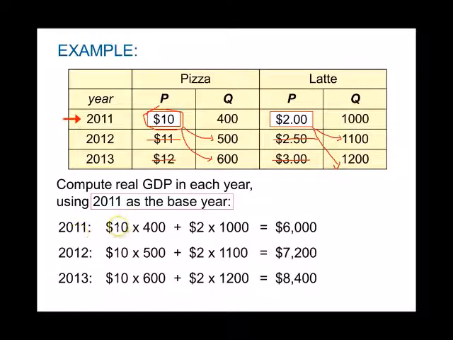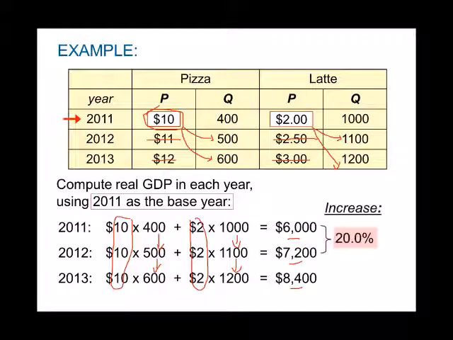Now in this case, we can see the prices are held constant. So the only reason why these numbers are going up is because we're actually producing more. The quantity that we're producing of both pizza and latte is actually going up.